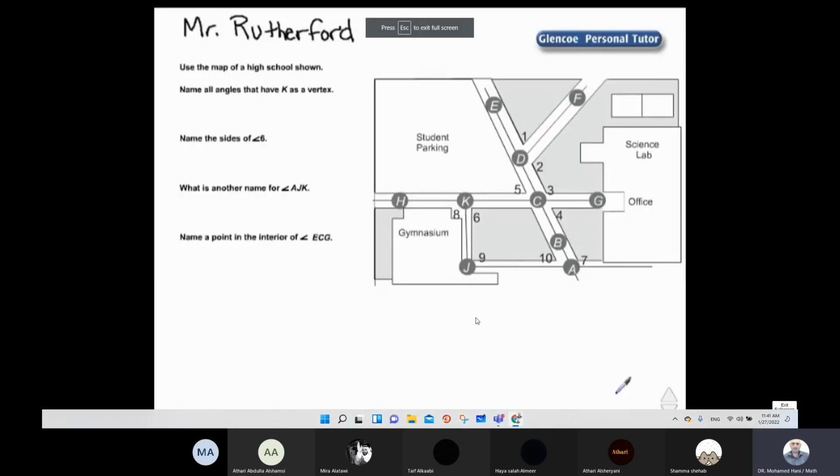Hi, this is Mr. Rutherford. In this problem, we will learn about angles and their parts. Use the map of a high school shown. Name all angles that have K as a vertex. Let's locate K first. Notice here is vertex K. So first we can say that we have angle 6.